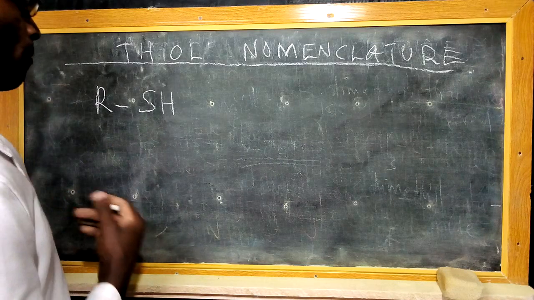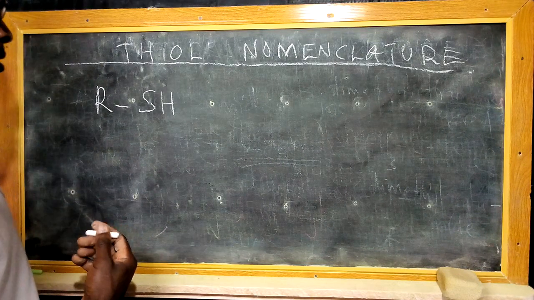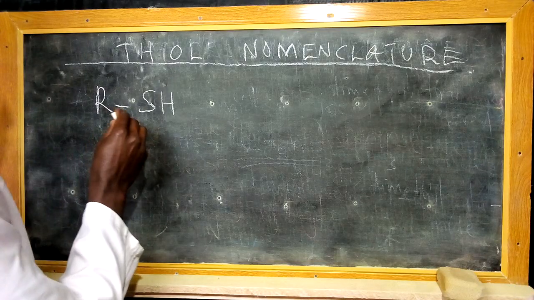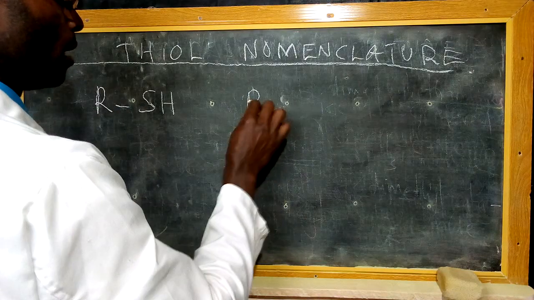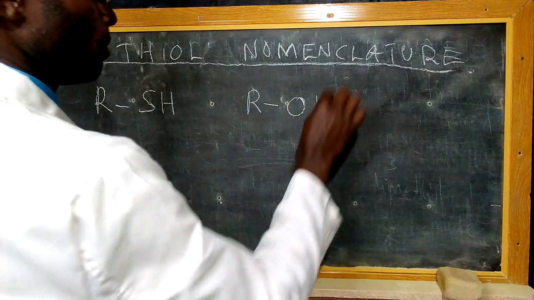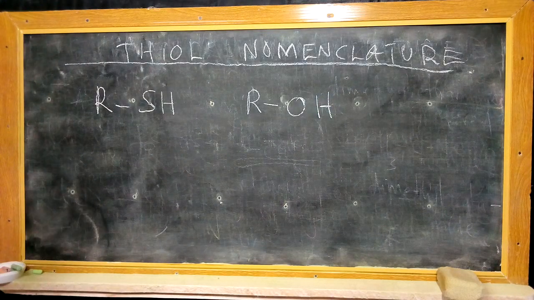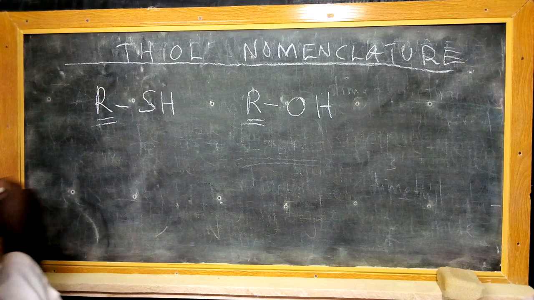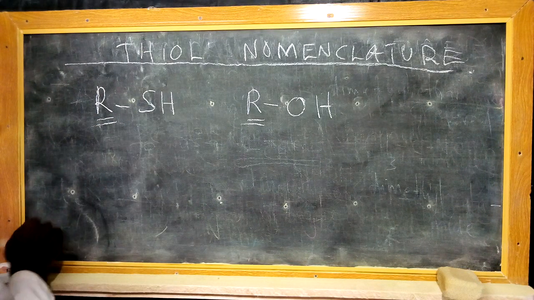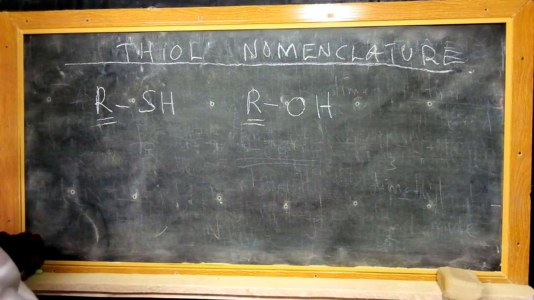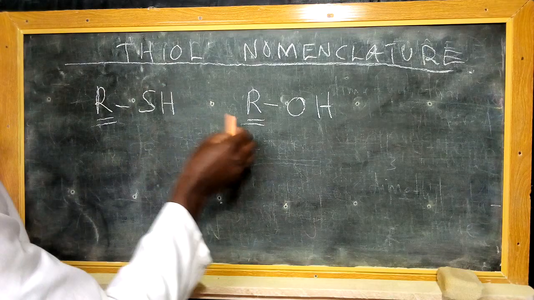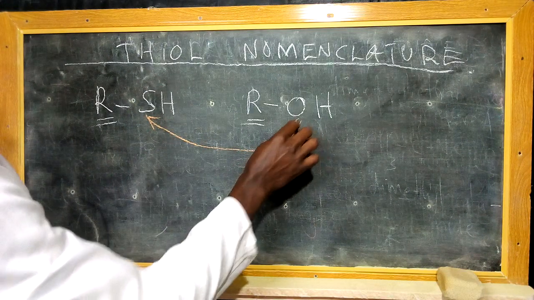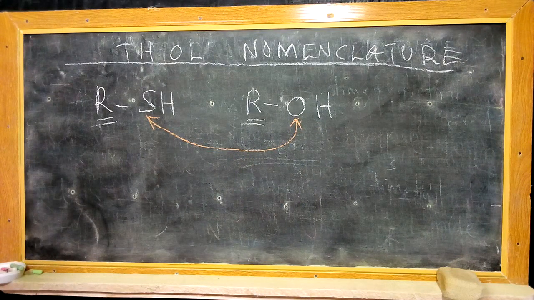There's a very slight difference from the functional group of an alcohol, which just appears like that, where R denotes a radical. The difference is that for thiols, instead of an oxygen group, they contain what we call a sulfur group.